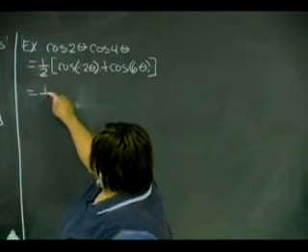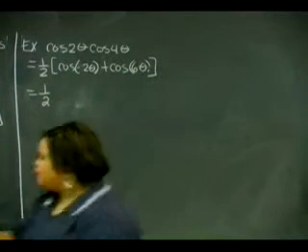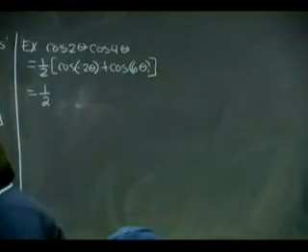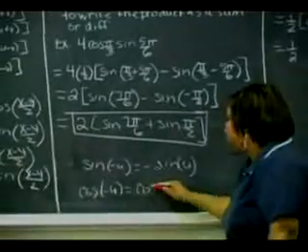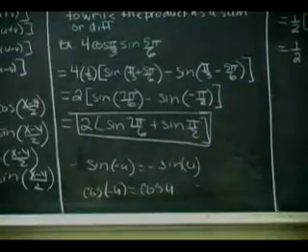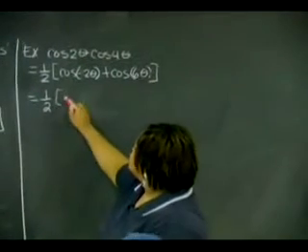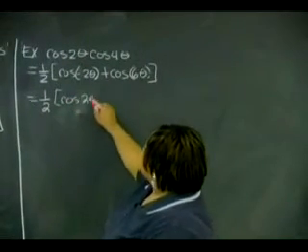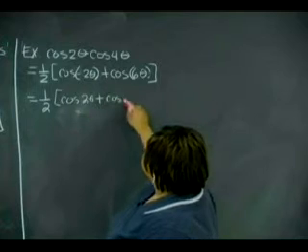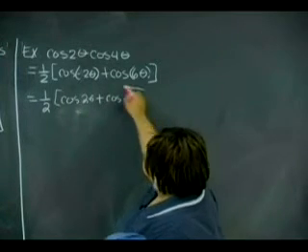Now, what do I know about cosine? I know that cosine of negative u is just cosine u because it's even. So this just becomes cosine 2 theta plus cosine 6 theta.